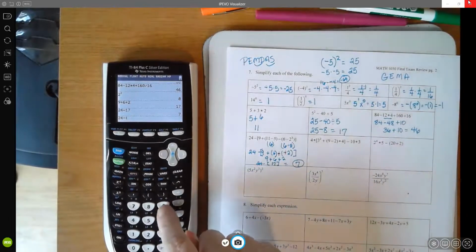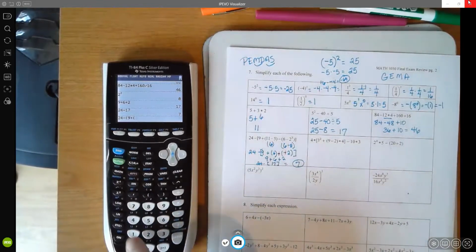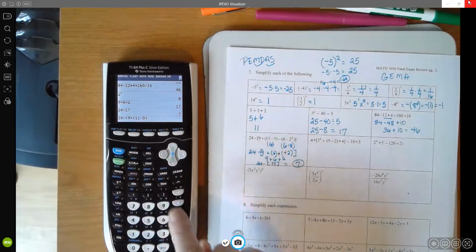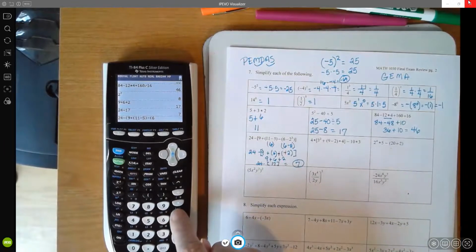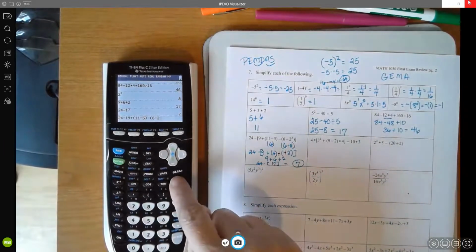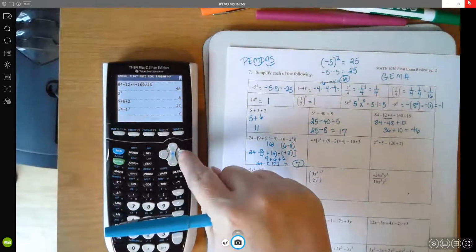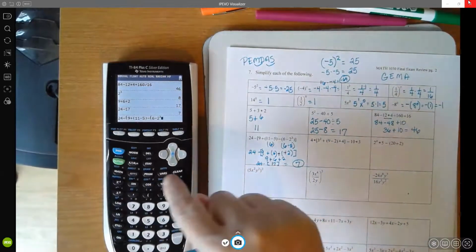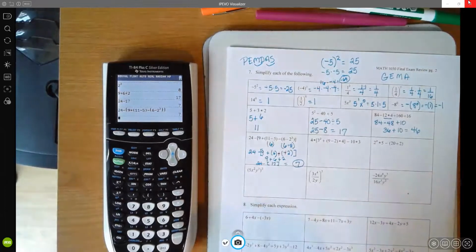So I just open one, then 9 plus, open another, 11, subtract 5, close, minus, open, 6, minus 2 raised to the 3rd. Remember when you're in the exponent to arrow over. Then close that parentheses, close the bracket, and press enter. And that gives me the 7 to tell me that I'm correct.